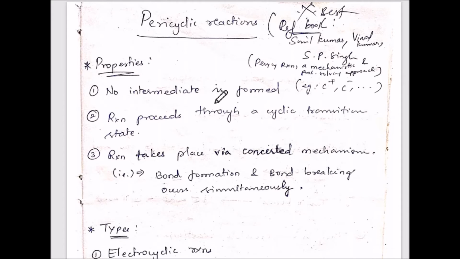Number two, the reaction proceeds through a cyclic transition state. So this you have to remember: no intermediate is formed, but the reaction proceeds through a cyclic transition state. And number three, the reaction takes place via a concerted mechanism. The word concerted reminds you that it is a single step mechanism, that is, bond formation and bond breaking take place simultaneously.